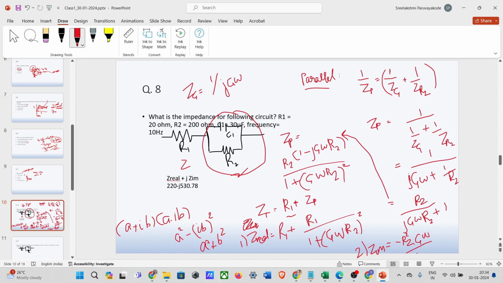Same thing will come in the denominator, 1 plus C1 omega R2, the whole square. Now who can substitute the value and tell me the values of Z imaginary and Z real?